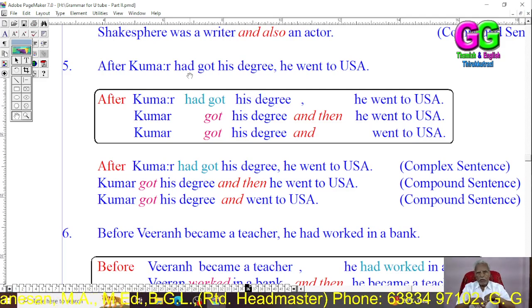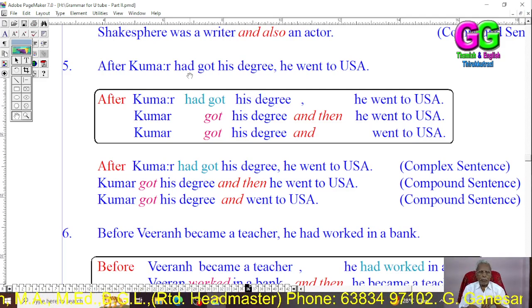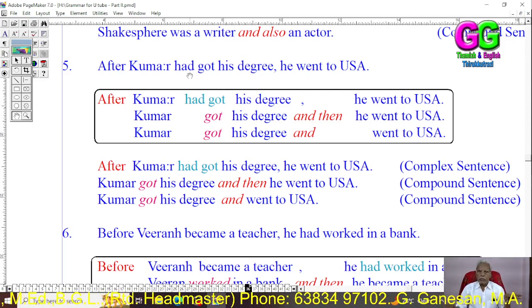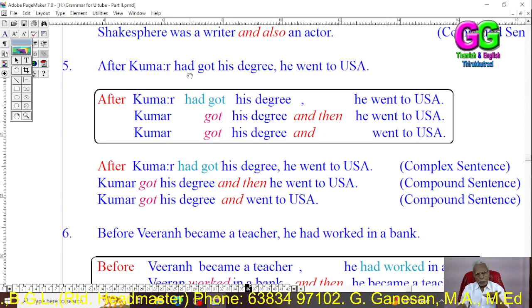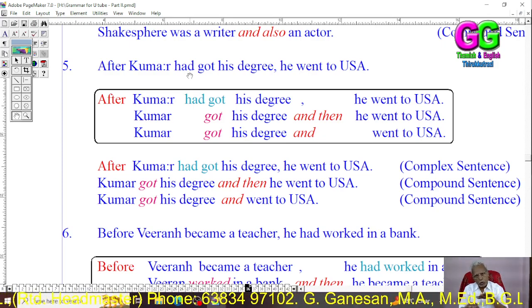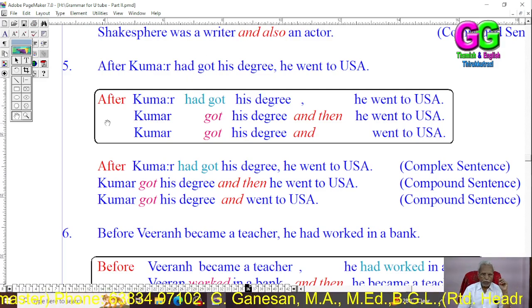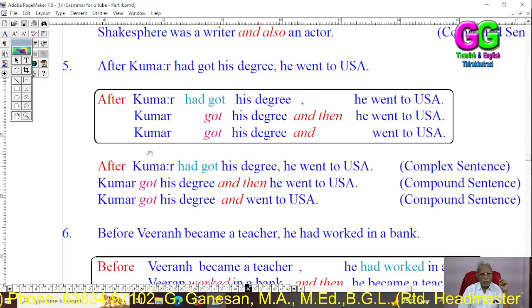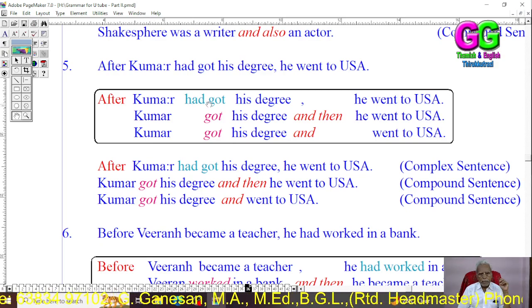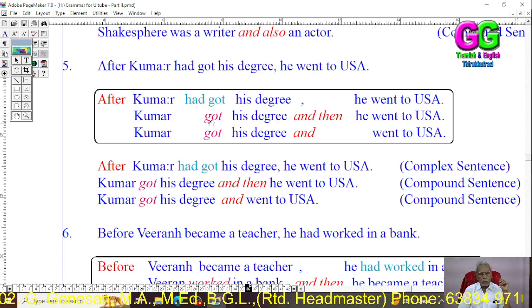But when they are changed into a compound sentence, both the main clauses should be in simple past. So okay, after removing the subject, Kumar is kept, had got is replaced by got.